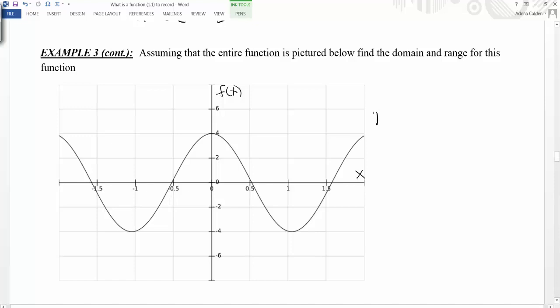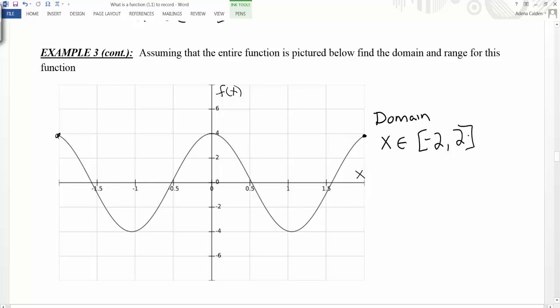So here, my x values start at -2, and then they continue going. My function continues going all the way until I get to the other endpoint, which is at x equals 2. So my domain here, I'm going to write as x is an element of -2 to 2.